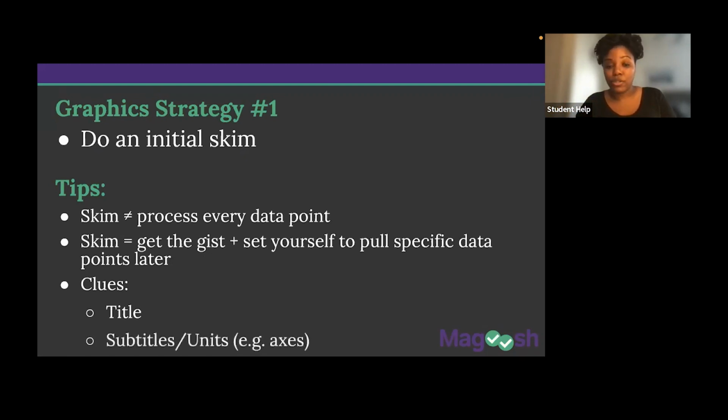Look at the subtitles. Look at the units. What's being measured? What's being trended? That initial review usually will help you, and looking at the trends, the legend, and the keys tells you what's being measured. So it's just getting the lay of the land.